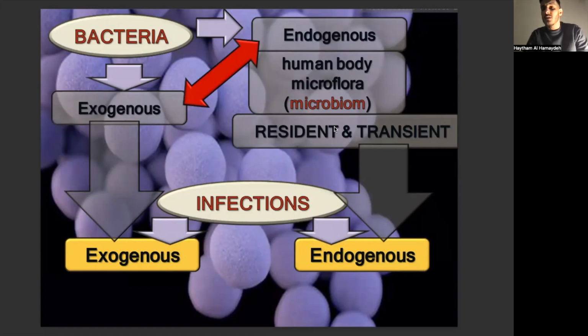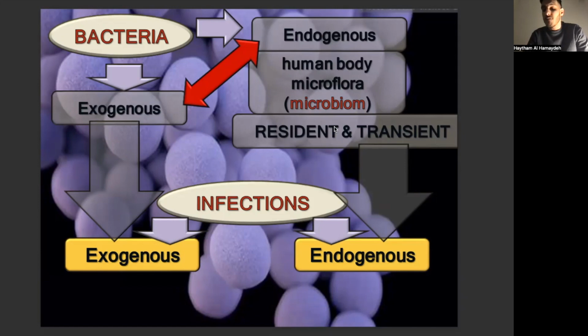Endogenous bacteria are the ones that lie within, let's say, your intestines or even on your skin. If they affect you, they can cause endogenous diseases. The microbiome is an example of endogenous bacteria. They are either resident or transient: resident means inside your intestine or body, and transient means on the skin.